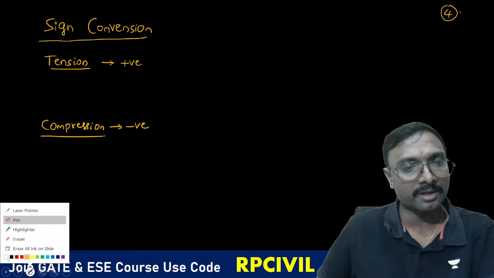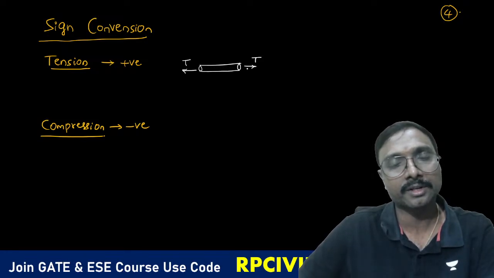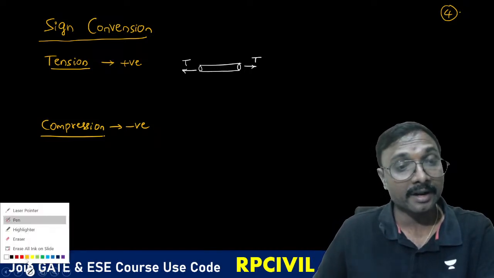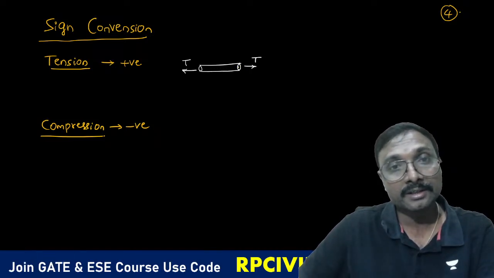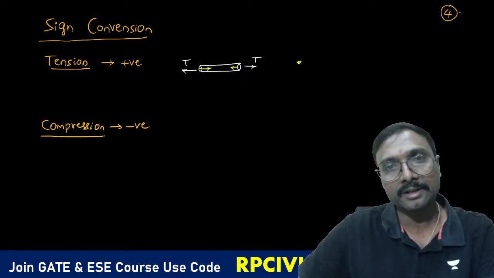Suppose this is the member, and when it is subjected to tension, consider the internal reactions and the direction in which they act. At each joint, the arrows point away from the joint.